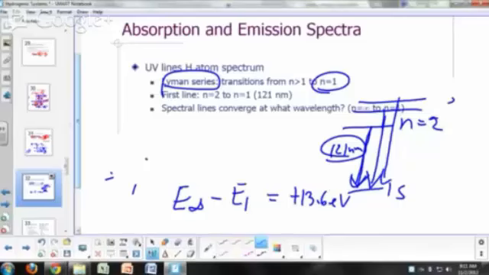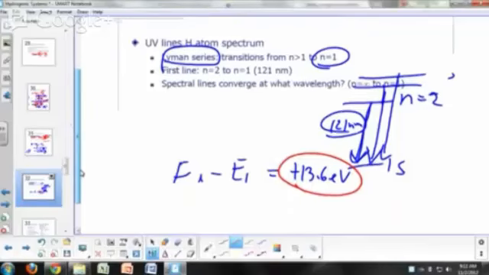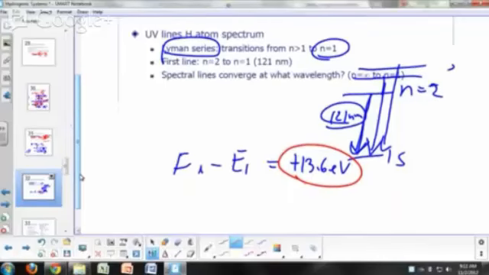And what will be the convergence of that sequence of lines? That would occur at E infinity minus E1, which corresponds to a photon energy of 13.6 electron volts. In fact, that's the same value we get for the ionization energy, because that's the energy you need to bring your electron from the 1s orbital to n equals infinity, which is the threshold for removing the electron from the atom.